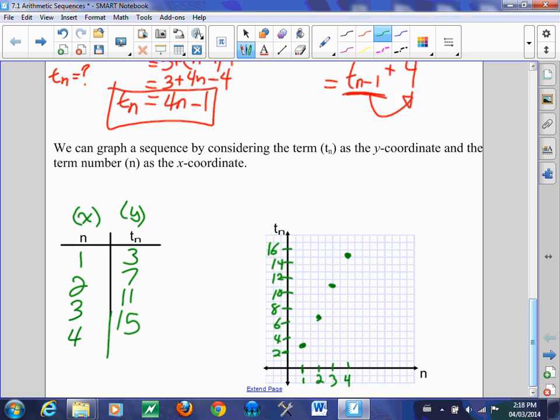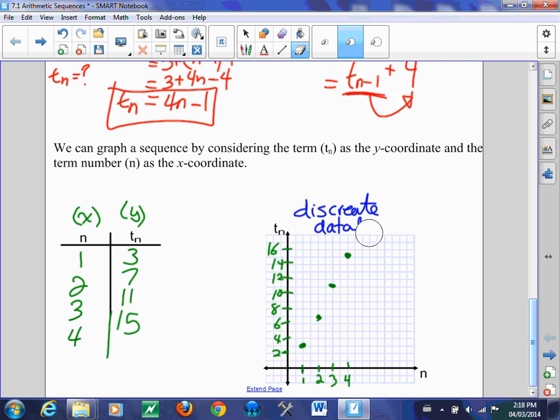Normally I see people taking a ruler out and drawing a straight line. However, what you have to remember is that this is discrete data. Because it's discrete data, we do not join them, therefore no solid line. If you need to, you can use a dashed line.